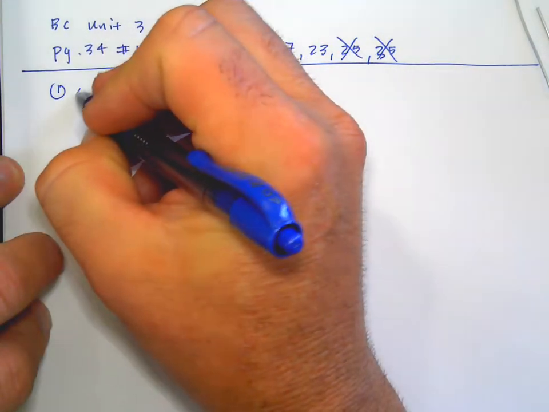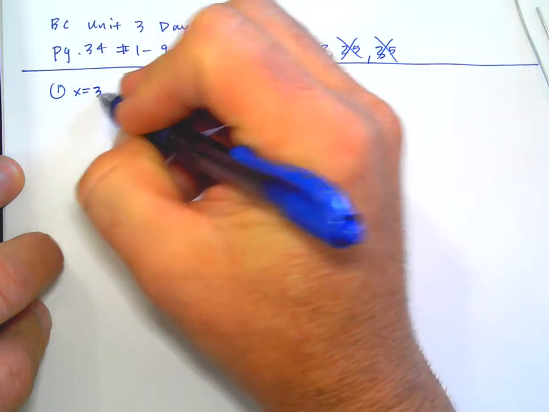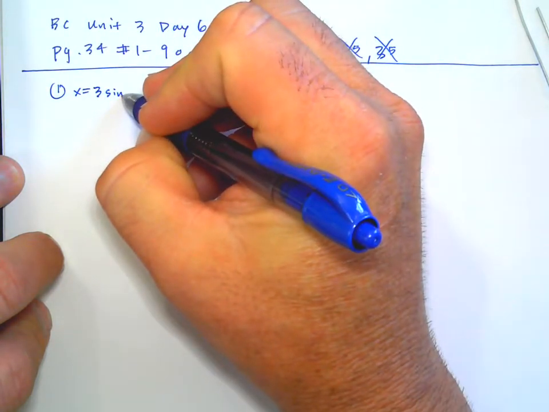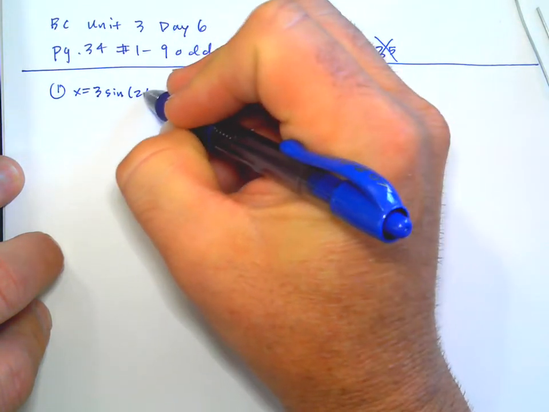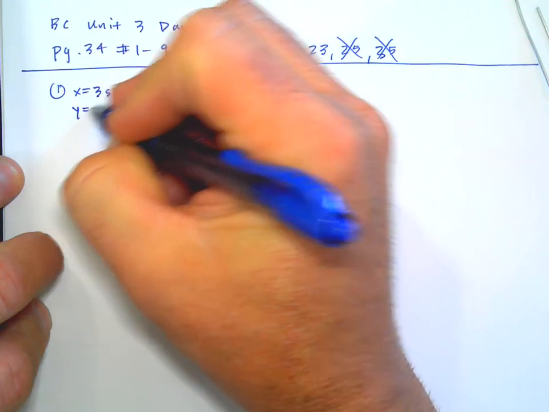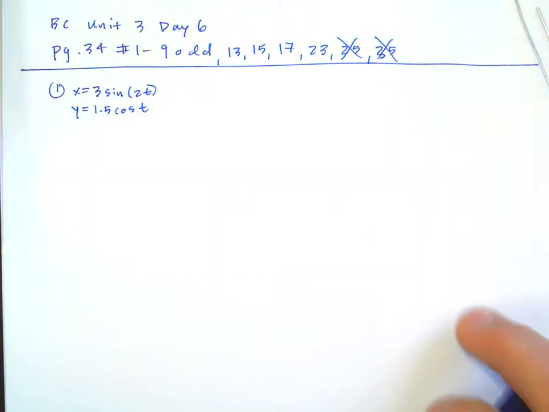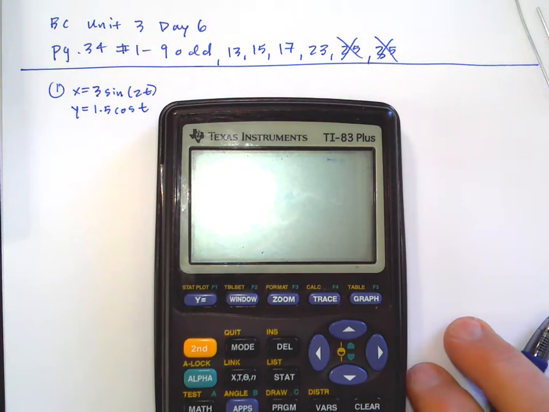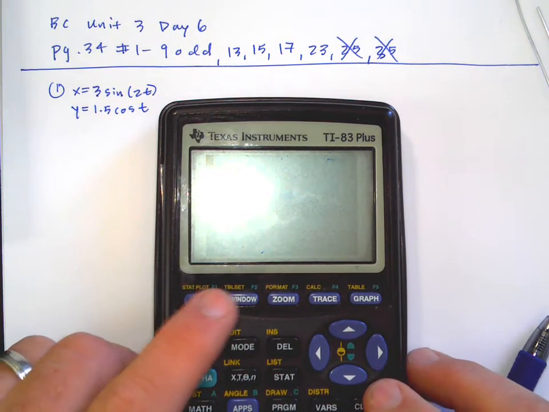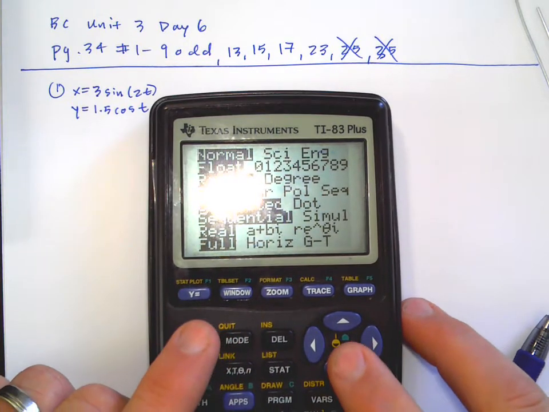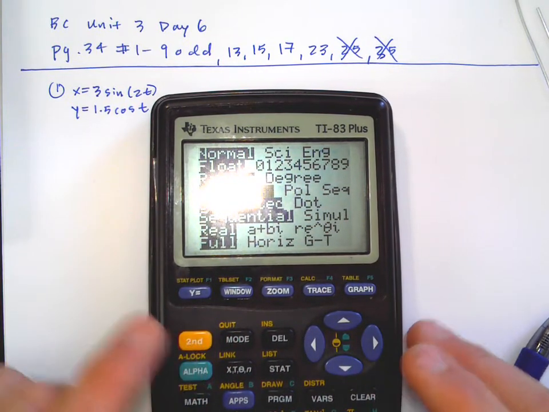So number one was this. This is like multiple choice. I think you want to be in parametric mode for this. Probably the only time we're going to, but yeah.